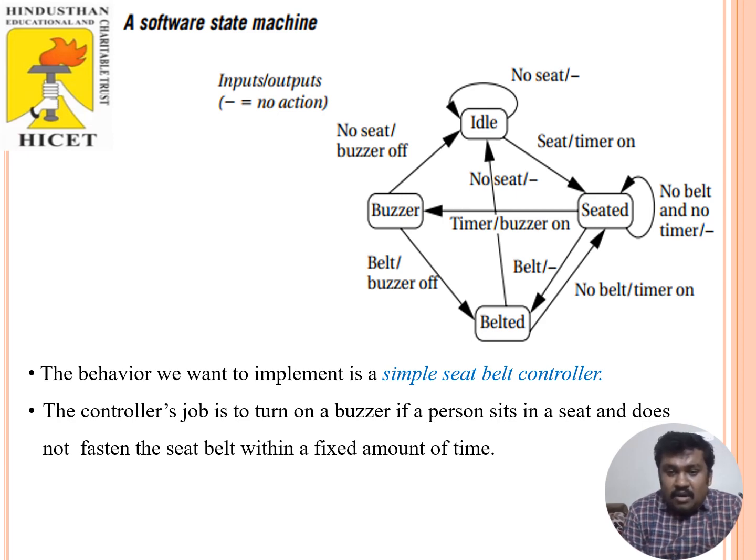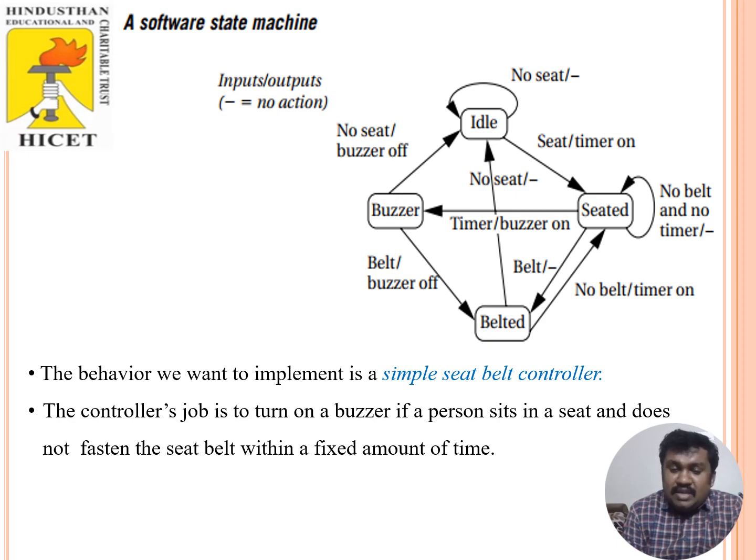Similarly, once you belt it, you have settled down and you are in a position to drive the car. Then finally, the transition from buzzer to idle state indicates that no person is seated, and so the buzzer is automatically off.